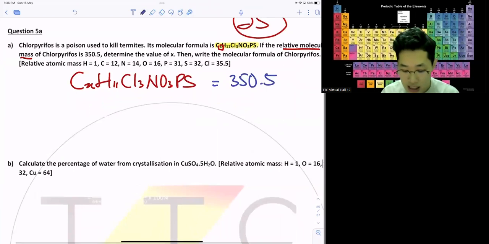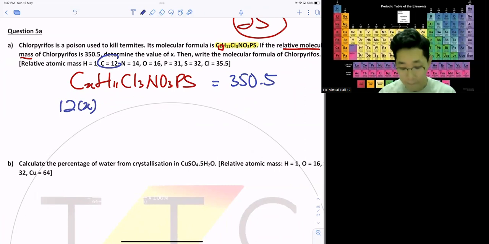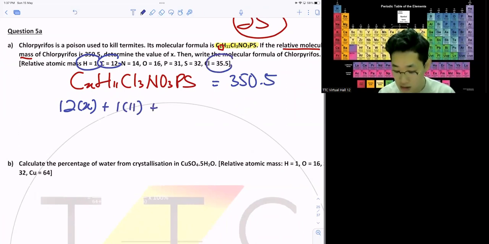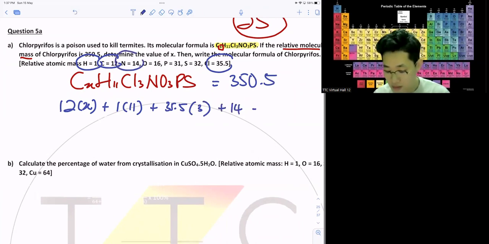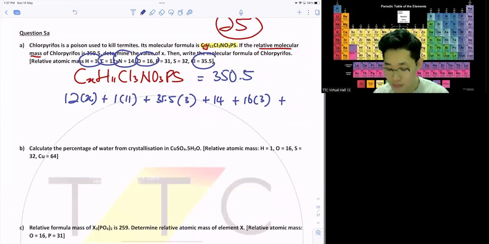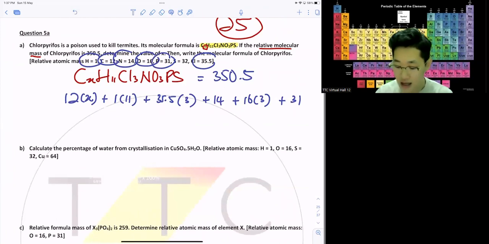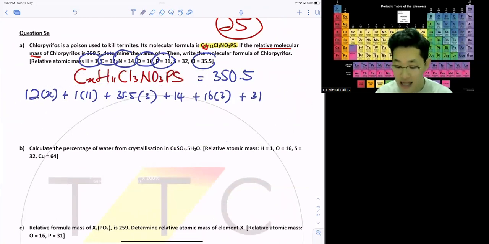So C is 12, 12 times X, plus H times 11, plus Cl 35.5 times 3, plus N, plus O3, so O times 3, plus P and S.